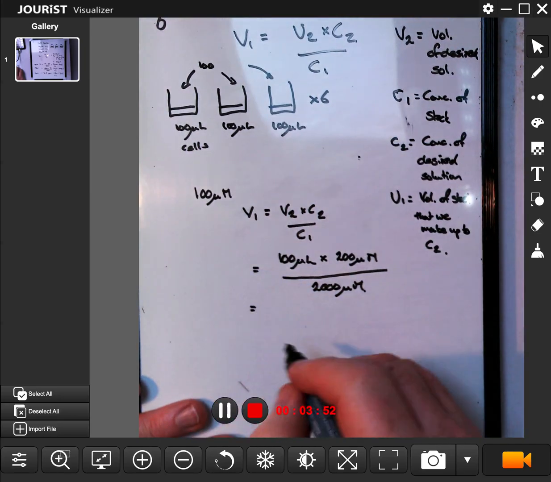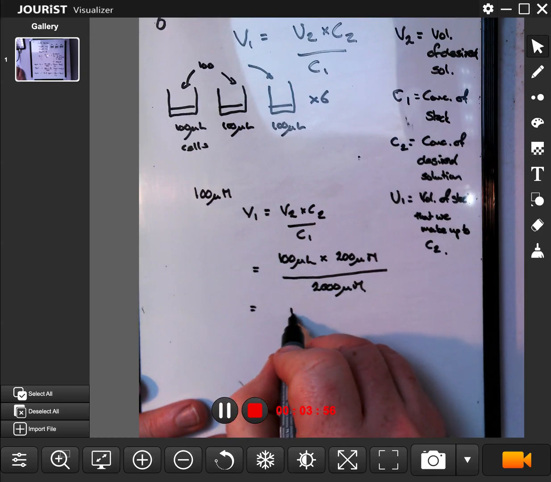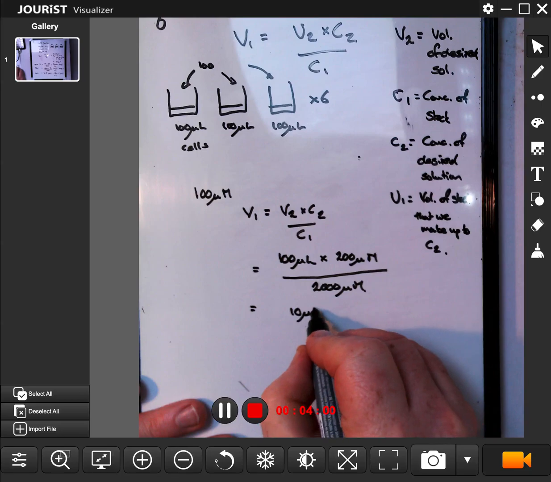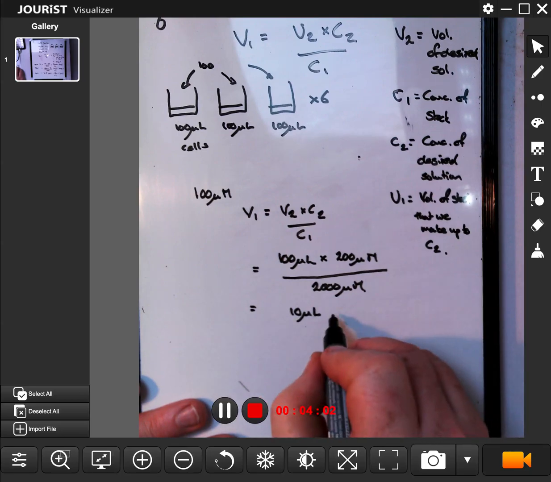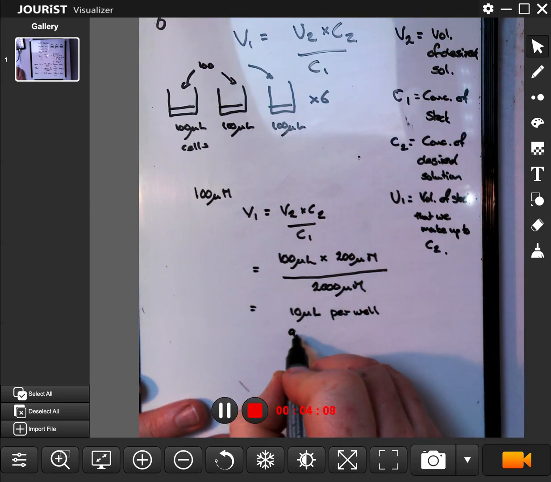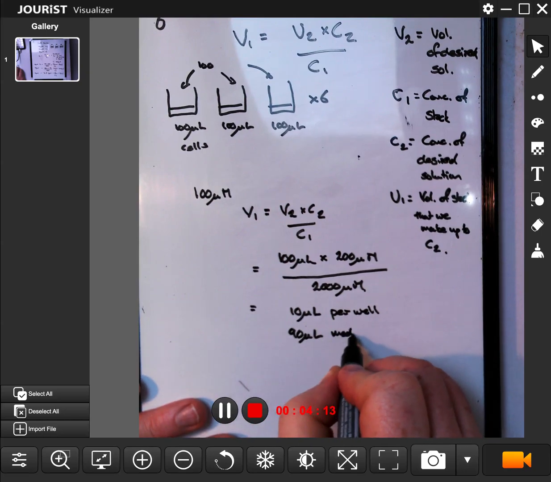And we run through all of that sum, and we get 10 microliters. That's going to be 10 microliters per well, and we're going to need 90 microliters of medium to make it up.